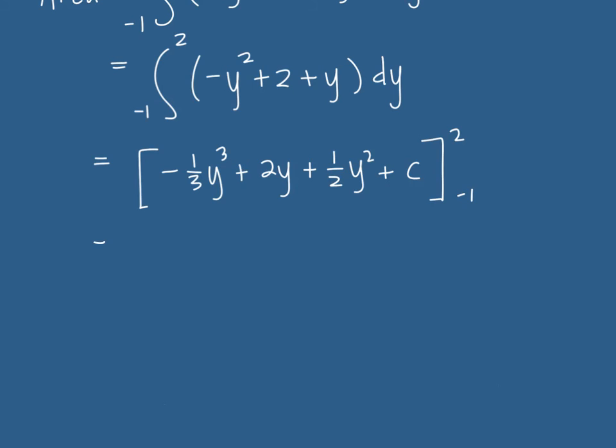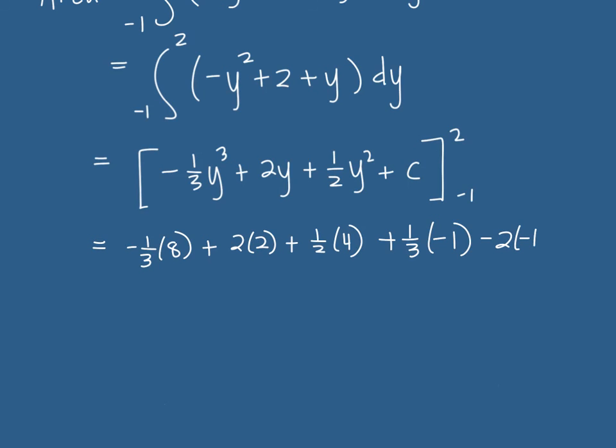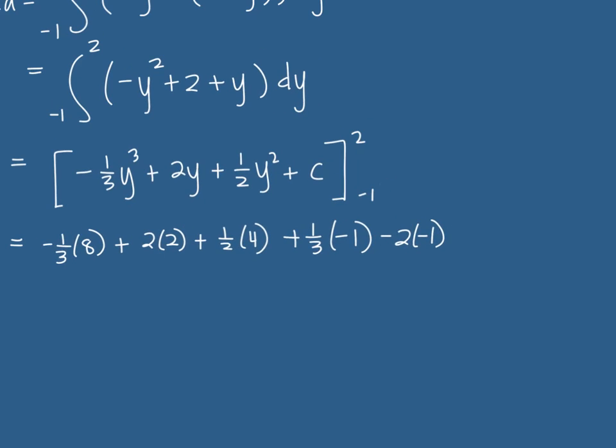so I'm going to have to plug both of these in. So negative 1/3 times 8 plus 2 times 2 plus 1/2 times 4, minus 1/3 times negative 1, minus 2 times negative 1, minus 1/2 times positive 1.